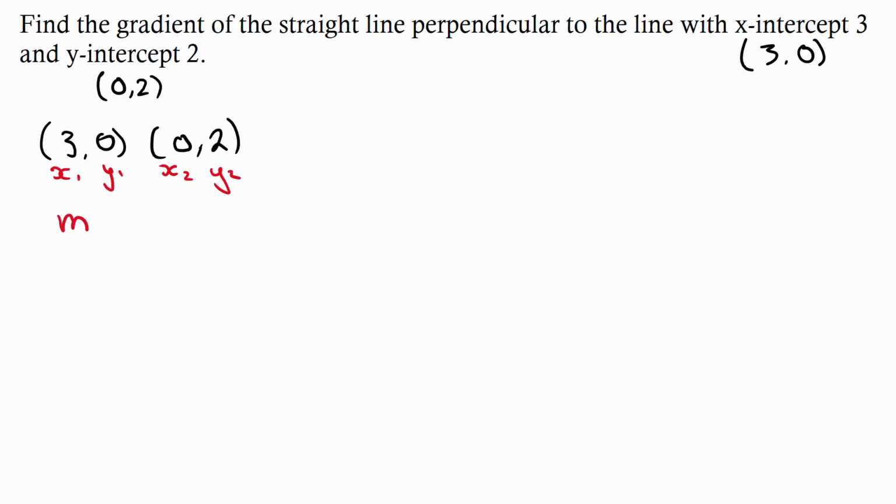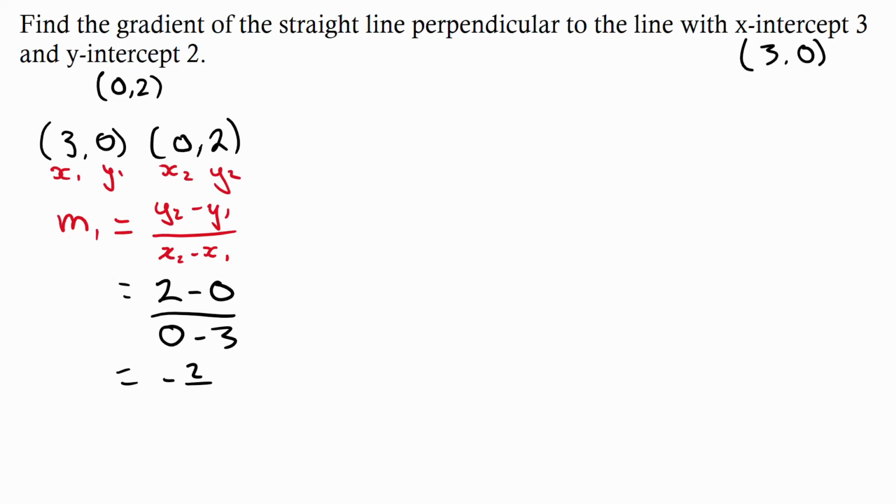We know that the gradient of this line, m1, is y2 minus y1 over x2 minus x1. So substitute in our values: 2 take away 0 over 0 take away 3. So we have negative 2 over 3.